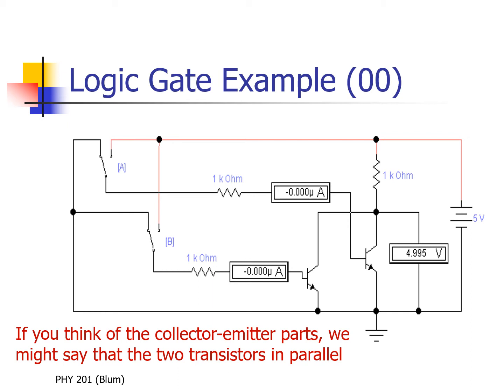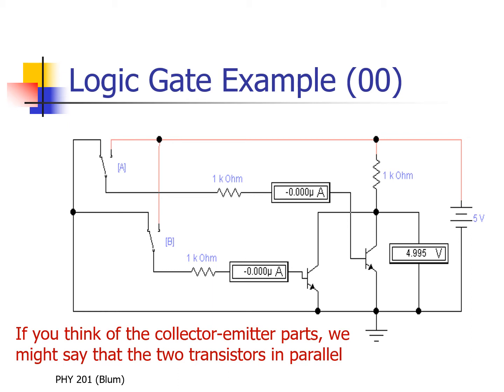The collectors of those two transistors are connected at the top, and the emitters of the two transistors are connected at the bottom.